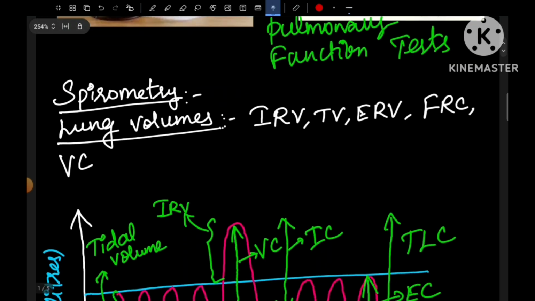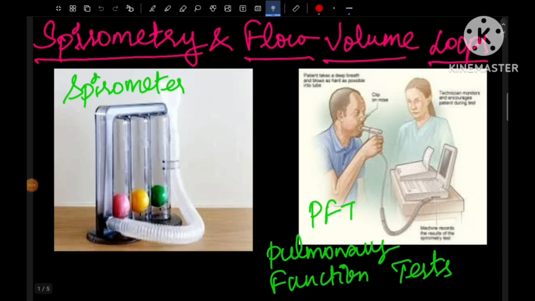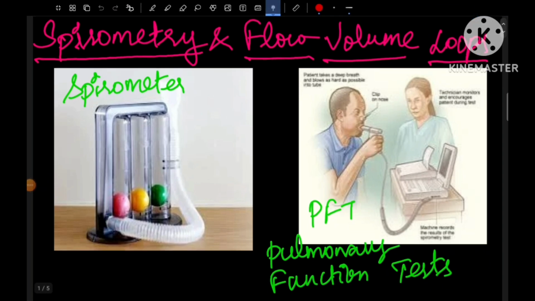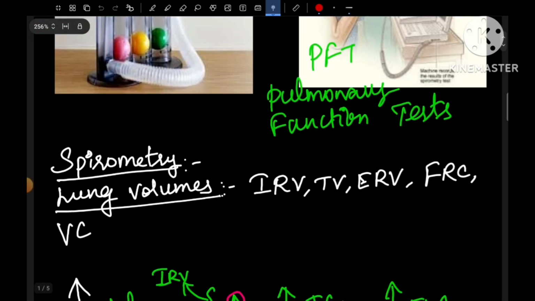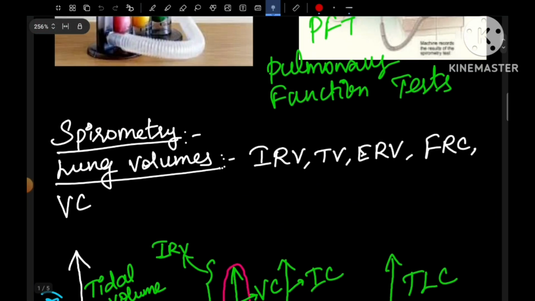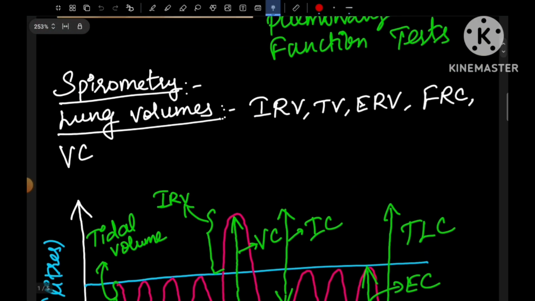So these are the topics which we saw. First is spirometry and flow volume loops. We saw what is the spirometer and what are these pulmonary function tests. There are many significance, so let's discuss that in another video.